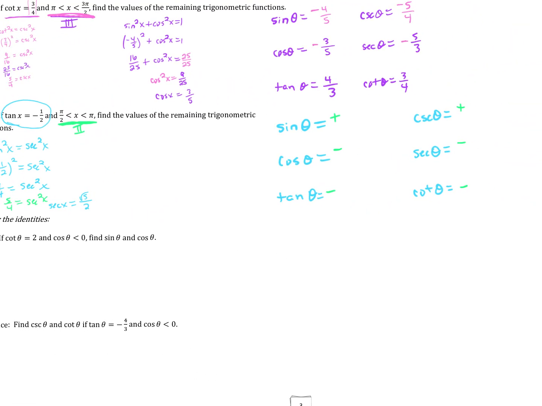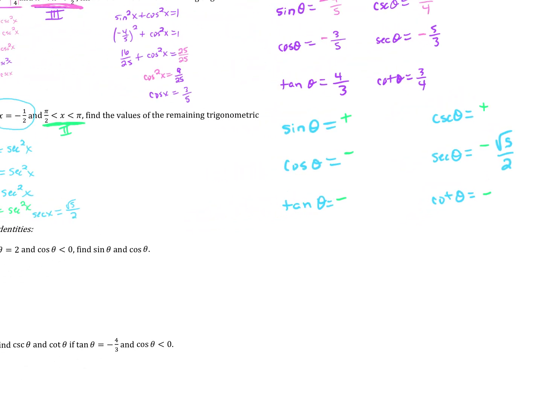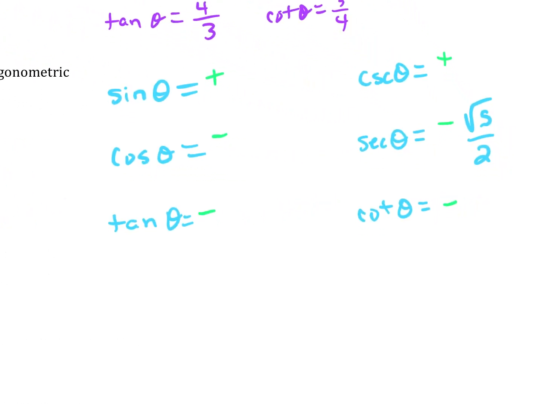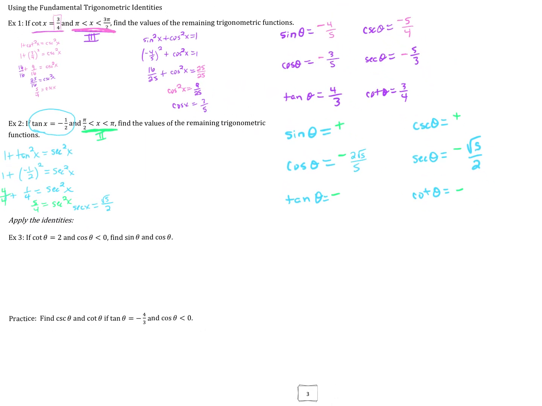And thankfully, we already have our signs set, so that's our secant value. We can flip this, so we get negative 2 over root 5. So when we rationalize that, we get that. But we are also given tan is negative 1/2, and our cotangent is negative 2 over 1.